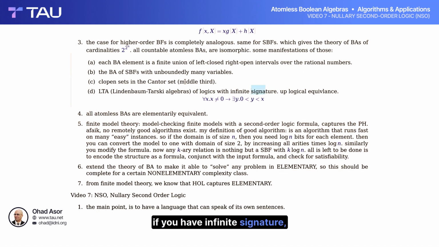If you have infinite signature, then you can always speak of another element from the signature that this x didn't speak about, because each sentence is a finite string. You can speak only about finitely many symbols in the signature. So you can always have a y that speaks about something further, and by that get strictly smaller elements.